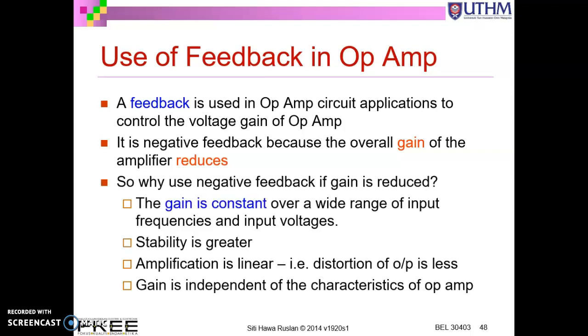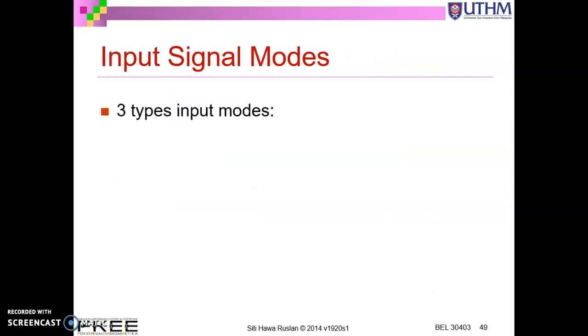Still, we use negative feedback because with that we can control the overall gain and the circuit is more stable. Your amplification is also linear, meaning that your output is less prone to noise and distortion, and your gain is independent of the characteristics of your op-amp.